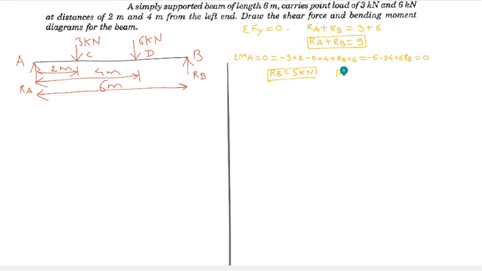So Ra will be equal to 4 kilonewton. So this is how we have completed finding out the reactions in the beam.